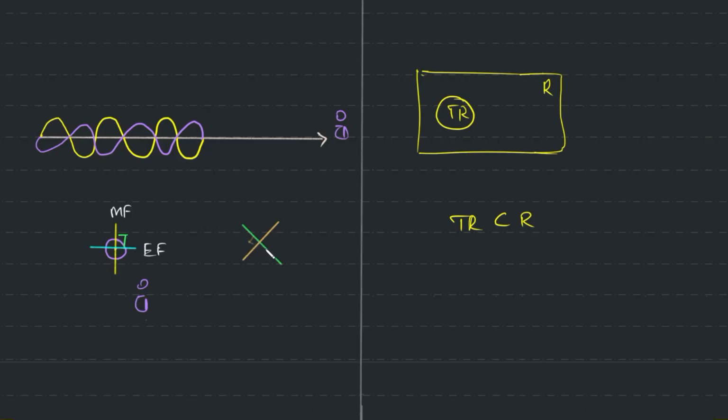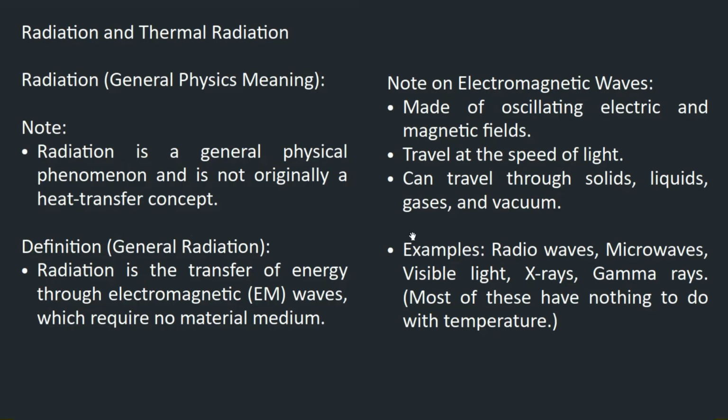They have to be perpendicular to each other. Examples of electromagnetic waves include radio wave, microwave, visible light, X-ray, gamma ray, and most of them have nothing to do with temperature. Radio waves can be generated by building an LC circuit, which we'll be studying next year.